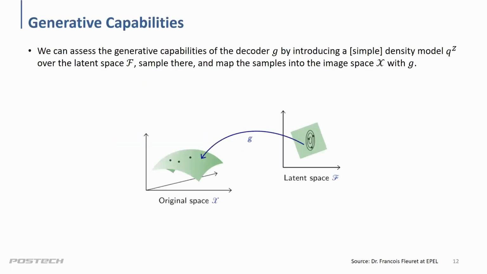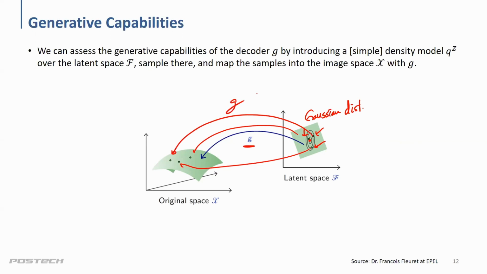What do I mean by generative capabilities? You know this is the nonlinear mapping from the latent space to the original space. We can say the latent space follows some kind of Gaussian distribution, whatever, and just pick random numbers and run them through the decoder.